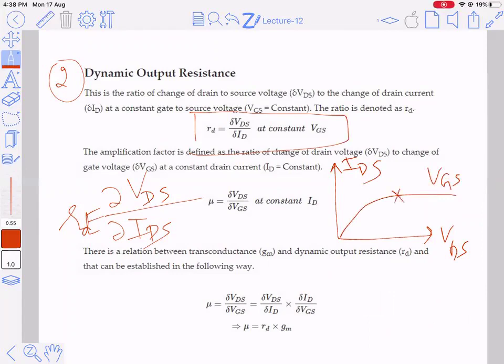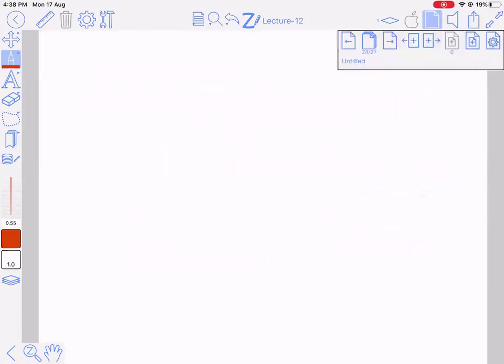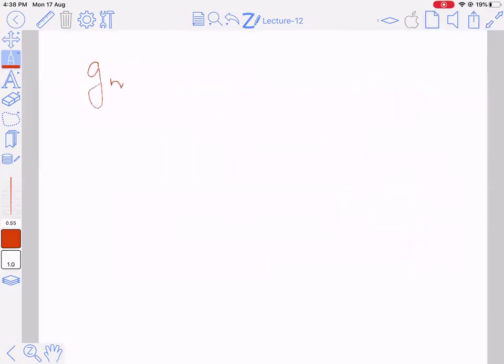If I pick up 2 points, this will give me delta VDS, and this difference is going to give me delta IDS. So this is output resistance, and obviously you obtain it from the output characteristic. So RD is nothing but delta VDS by delta IDS at a constant VGS. Now, what have we seen till now? We have seen the GM formula as delta IDS by delta VGS.